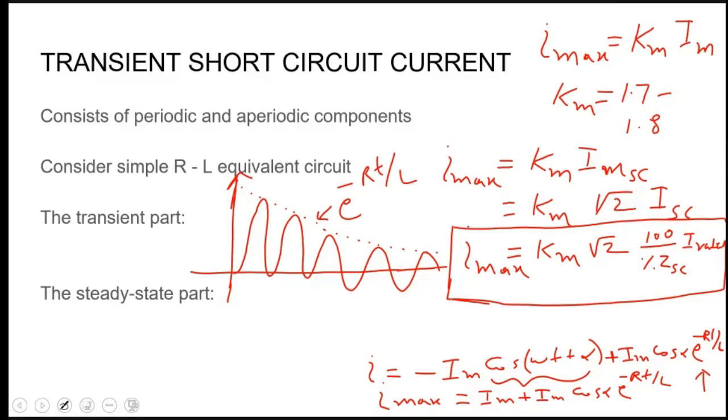In a magnetic field, BIL is the force on a current carrying conductor of length L carrying current I in a magnetic field B. Of course, we assume that all are perpendicular to each other so that the sin theta term goes, and you have the simple equation B into I into L.